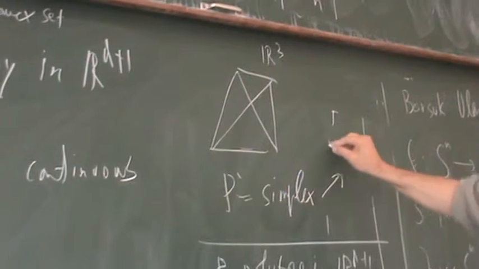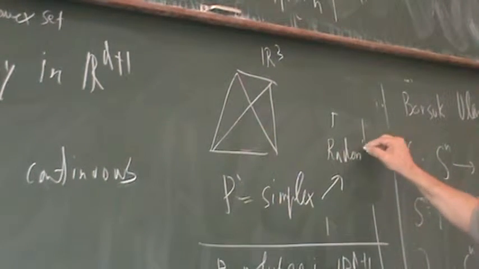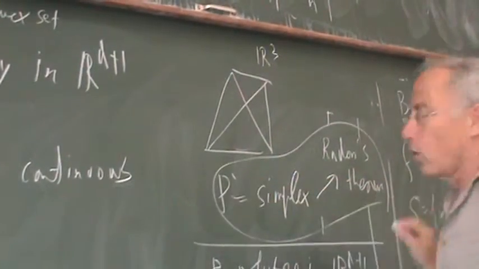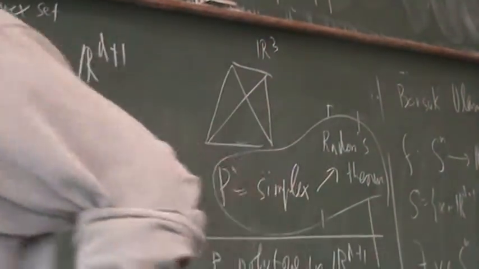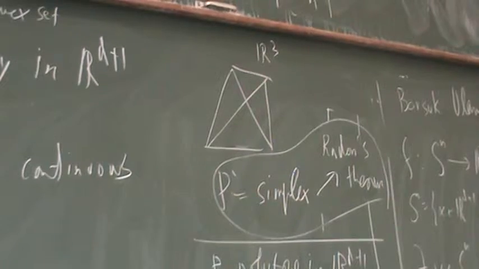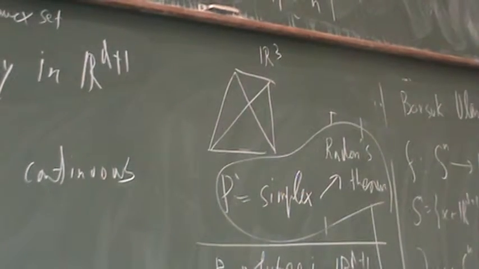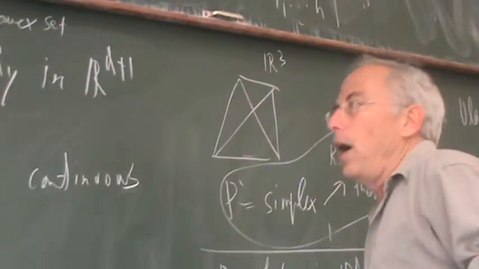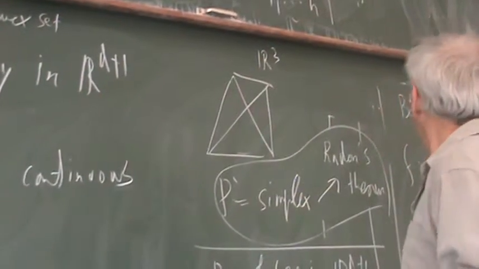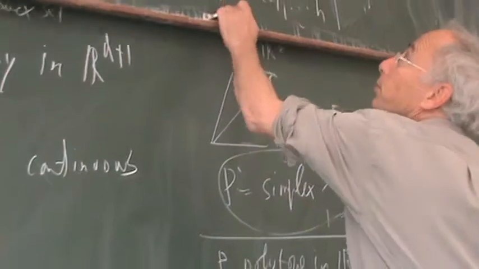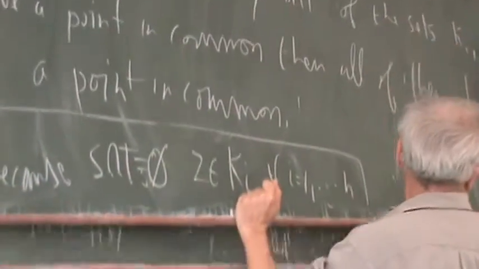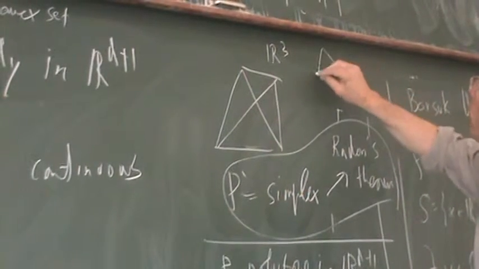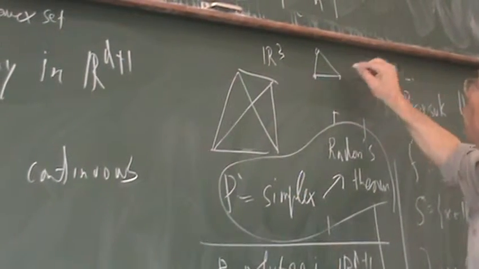So if P is a simplex, this is Radon's theorem. Let's look at the situation, say from R2 to R1. Let's say we have a map from the vertices of the triangle to R1.